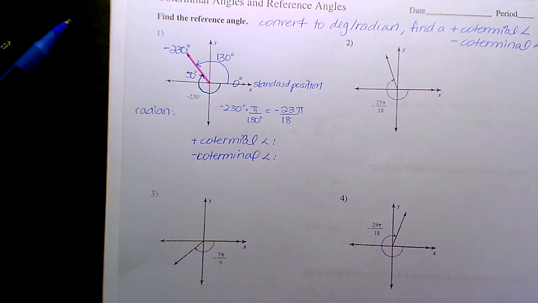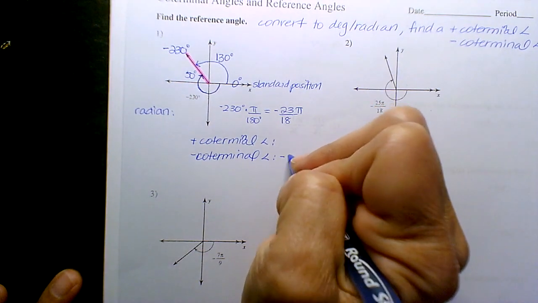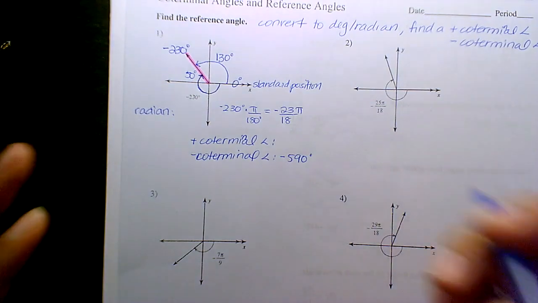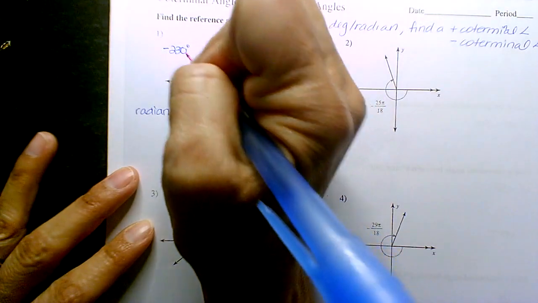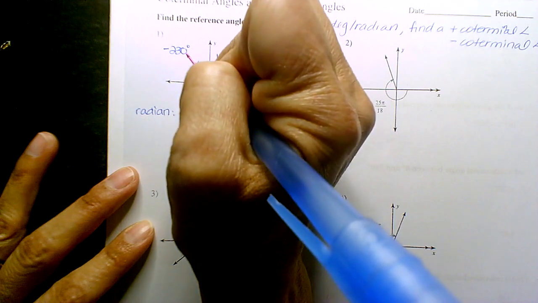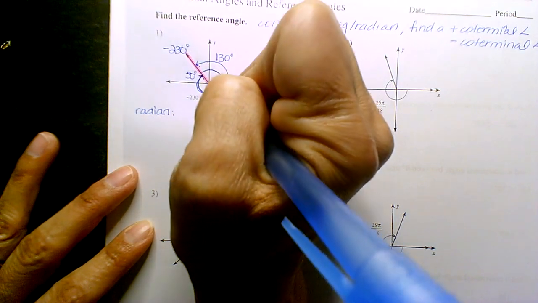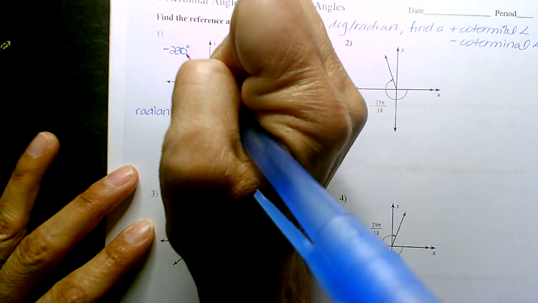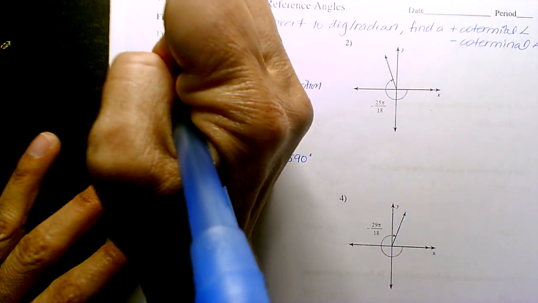Wait, what's the degree? Negative what? Negative 590. Perfect. Negative 590. Good job, Ethan. Because look, if I was to go around, this is one revolution. Go around again. If I go around again, what is negative 230?